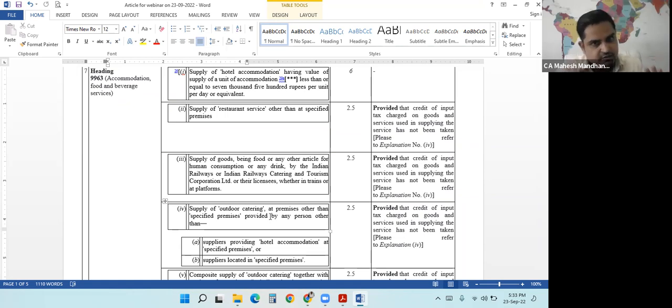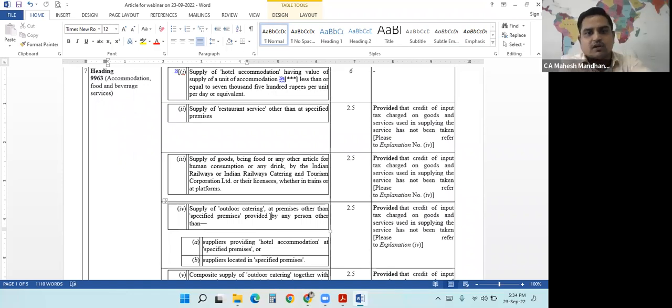We have already seen what specified premises is: a hotel where declared tariff is more than 7,500 per day. Number 1, supply of outdoor catering will be liable to tax at 2.5%, but it will be liable to tax at 18%, not 2.5%, in the following cases.